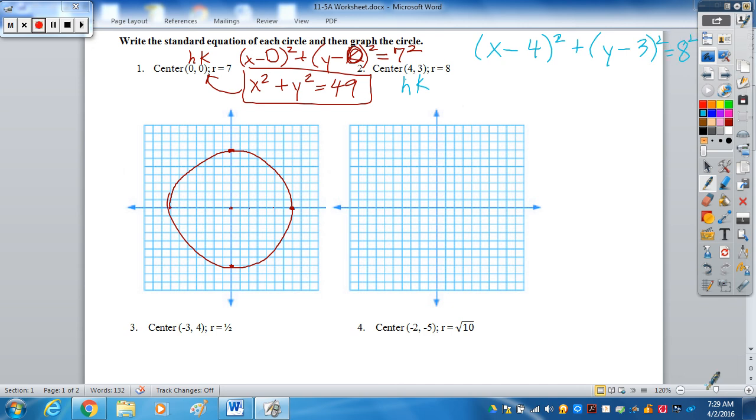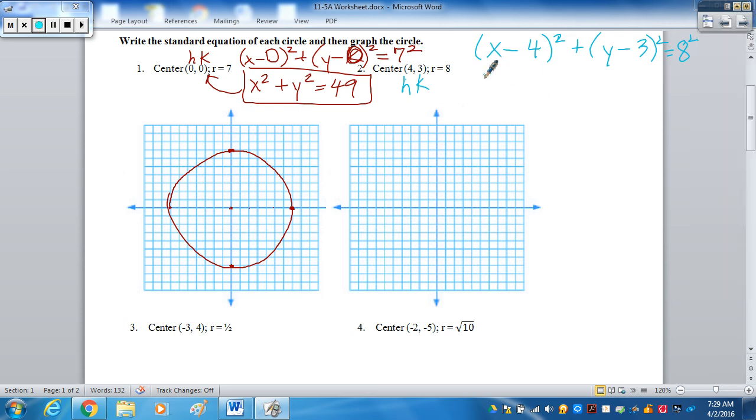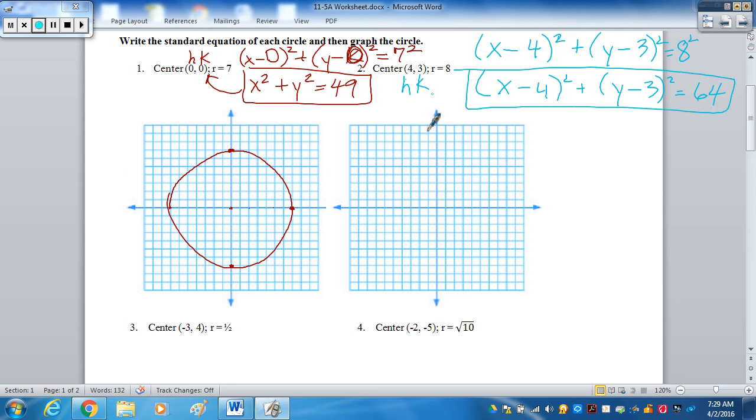Within these first 2 parentheses, there's nothing that I can simplify, so I'm just going to put this down: (x minus 4) squared plus (y minus 3) squared is equal to 64. This is how I'd like you to show me your answer as far as the equation is concerned.